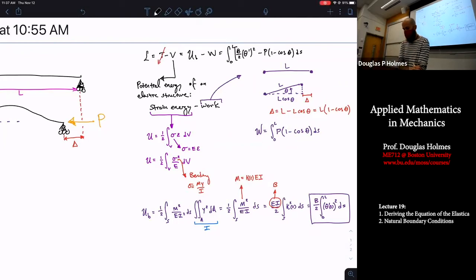Should the signs be flipped because it's negative potential energy? Yeah, I was just thinking that as I was writing it down. I don't know if it matters. I think you get the same result, but I'm not sure.